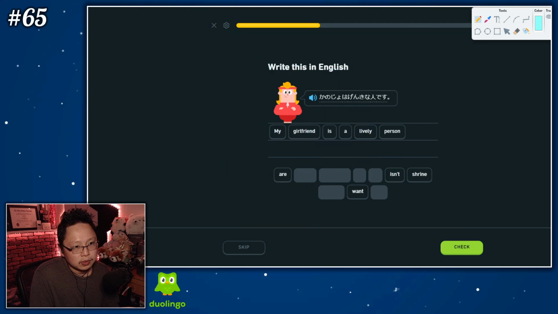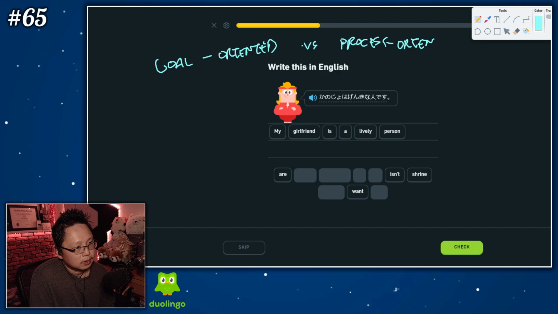And you guys probably already know that if you're looking at goal-oriented content versus process-oriented, one is more than the other. This is bigger in number because it's more efficient, right?